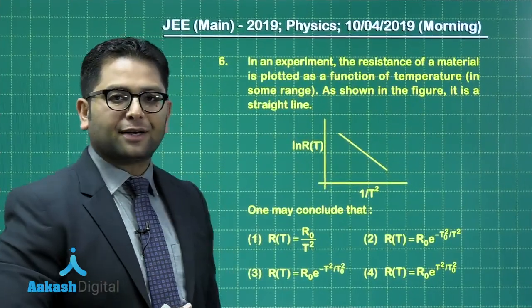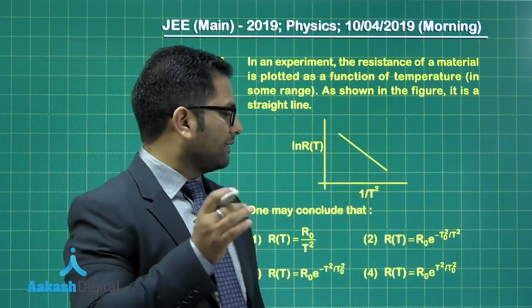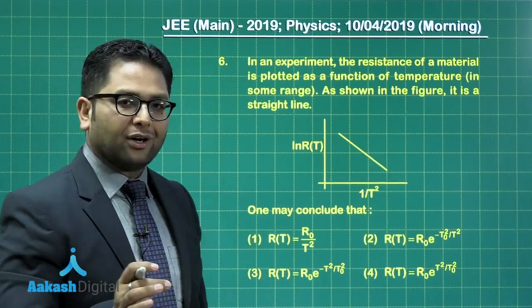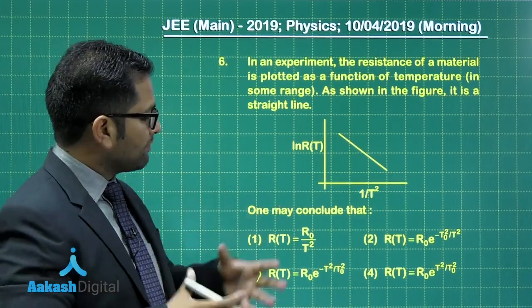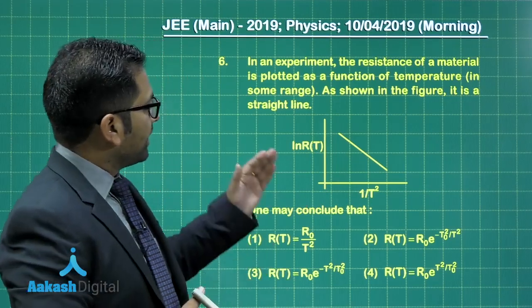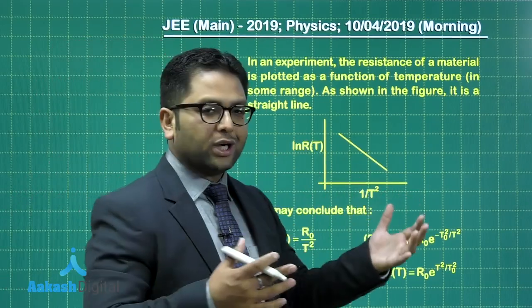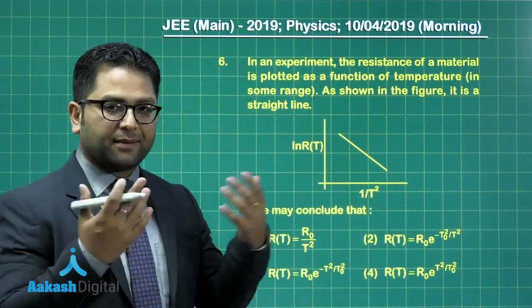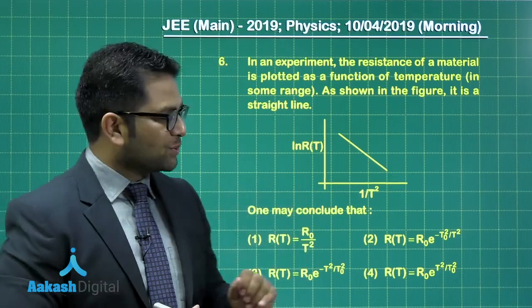The 6th question. It is more a mathematical question, and physics is not at all involved. A very small degree of physics is involved, more about the mathematical manipulation. It's been said that the resistance of a material varies with temperature. Sometimes it increases, sometimes it decreases, but after all, that is of no use here.